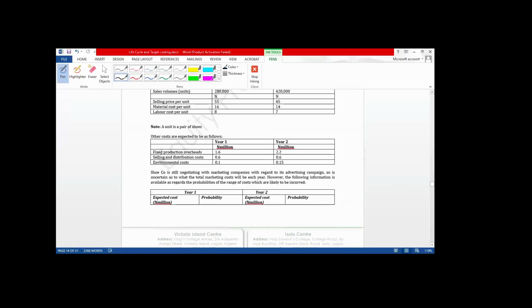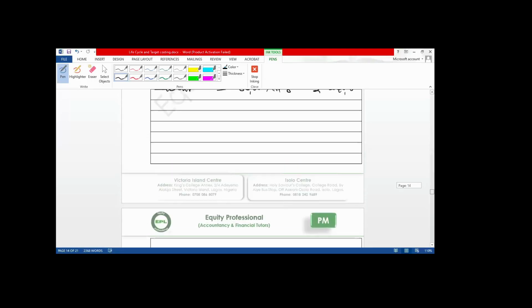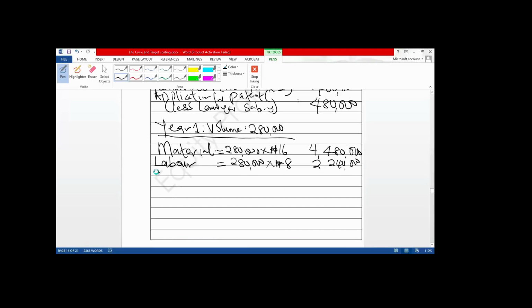Still year one. Fixed production overhead 1.6 million. Selling and distribution 0.6 million. Environmental cost 0.1 million. I'll come here. Fixed production overhead 1.6 million.